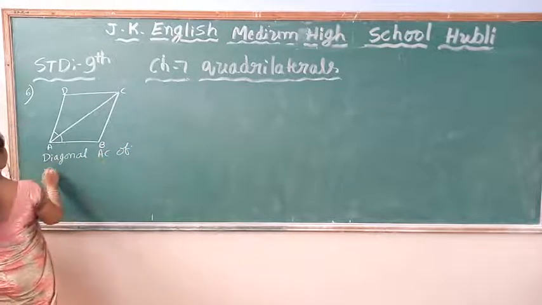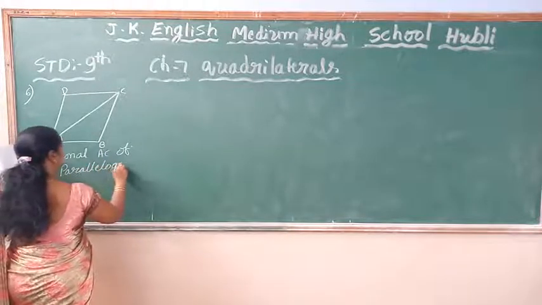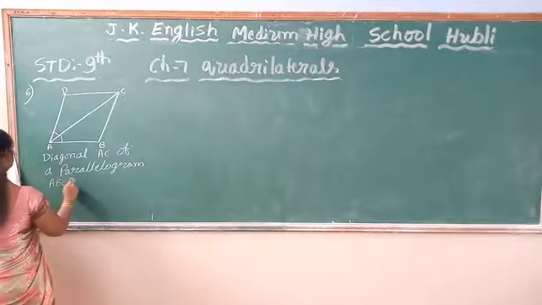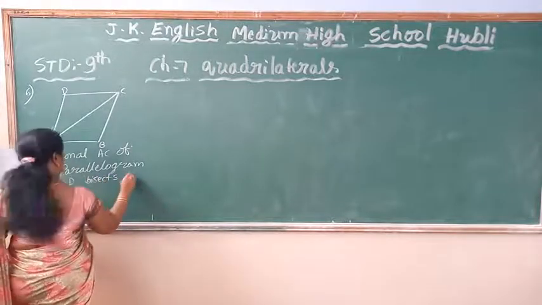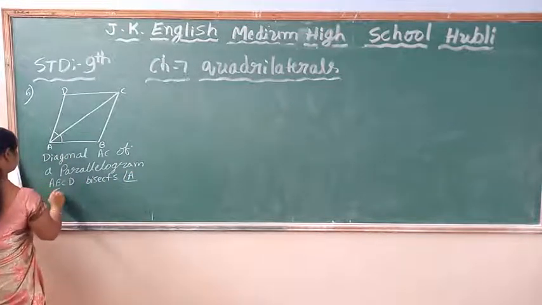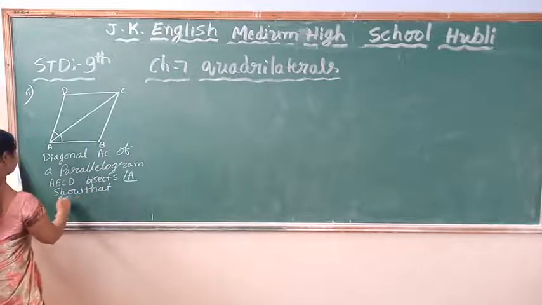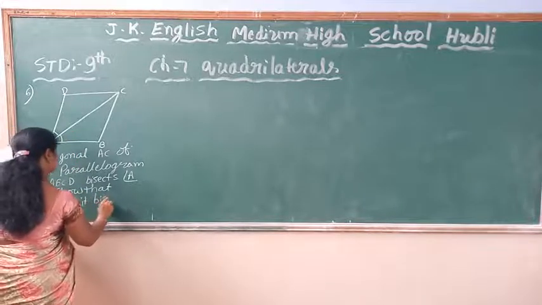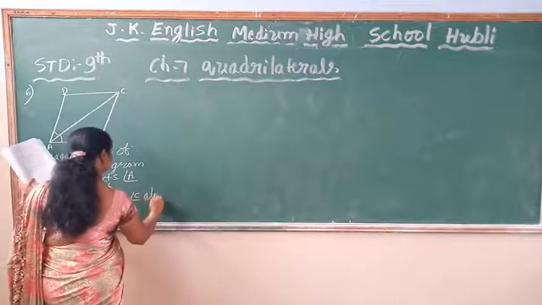of a parallelogram ABCD. If it is a parallelogram, then we should know the property of a parallelogram. It bisects angle A. Then show that it bisects this diagonal, it bisects angle C also.